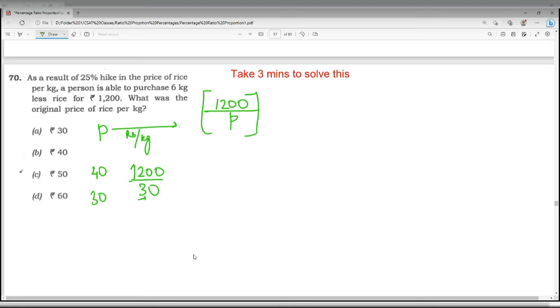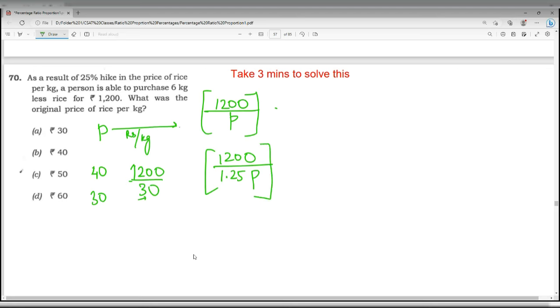And now what they're saying is, because there was 25% increase in the price, he could purchase 6 kgs less. So the new amount of rice that he can buy is 1200 divided by 1.25 P. The price has increased by 25%, so the final price will be 1.25.